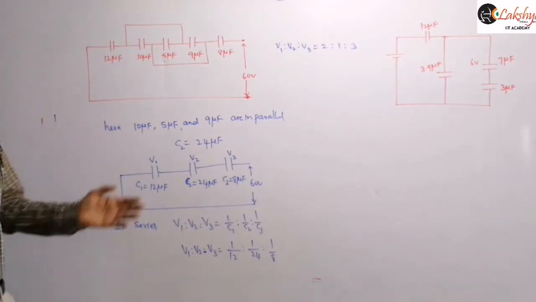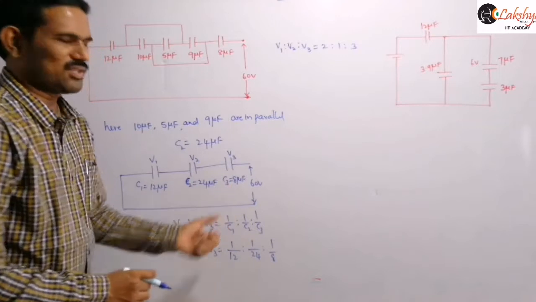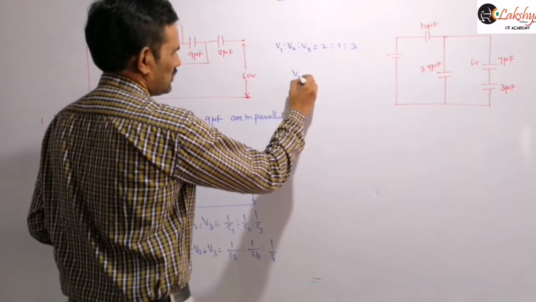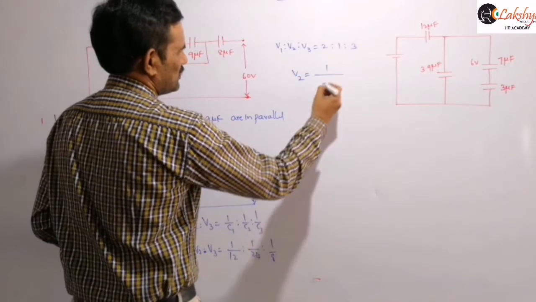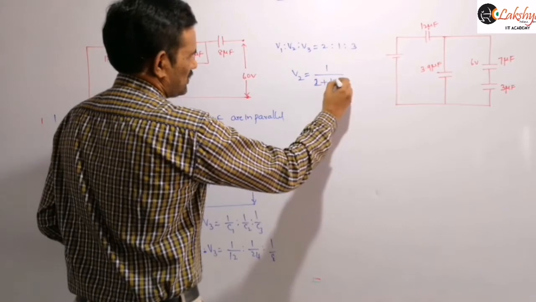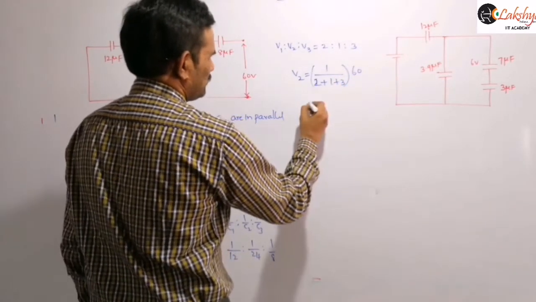Now you can calculate the potential difference across each combination. We need the V2 and V3 values to calculate the energy, so I am calculating those directly. V2 is 1 by the sum of the ratio, 2 plus 1 plus 3, into the total potential difference, which is 60.